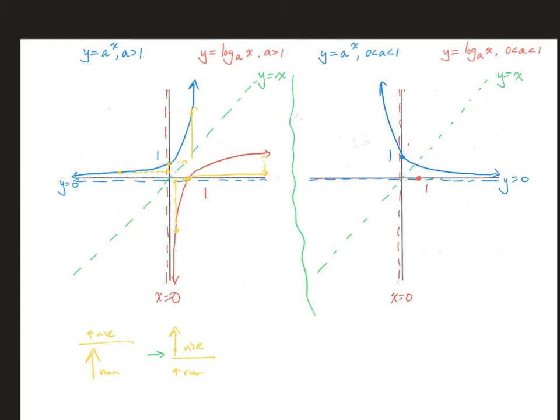More importantly, this flat stretch, when x is positive on my blue graph, must become a steep portion on my inverse. And then the steep portion must become a flat portion.